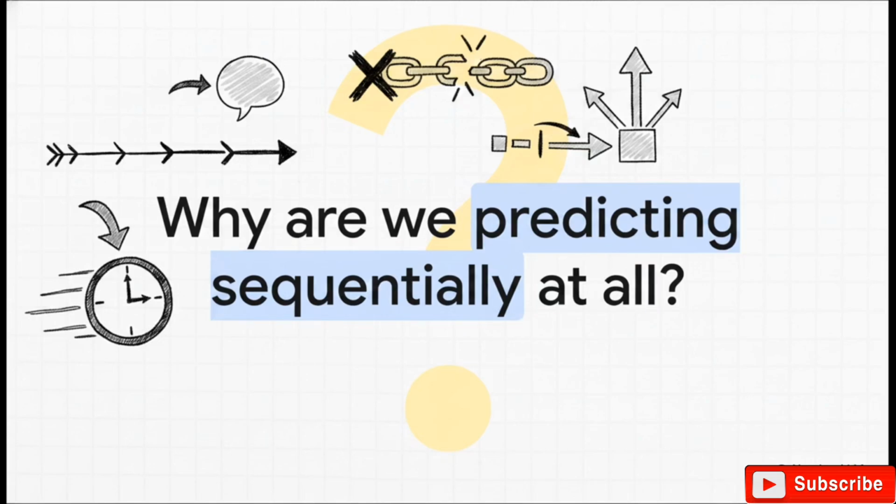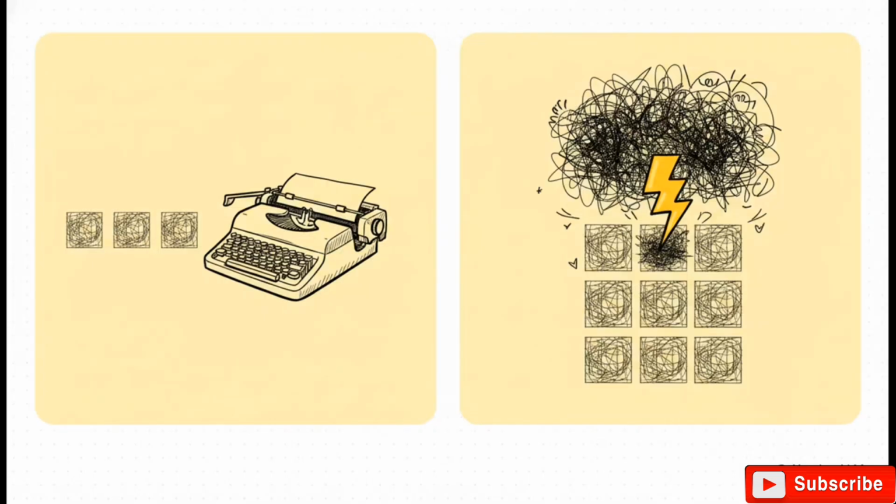Instead of asking how we can predict future tokens a little bit faster, DFlash challenges the fundamental assumption of the entire AI industry. It looks at this one-by-one generation and says, hey, let's stop acting like it's 2023. Let's do it all at once. So the old sequential drafting forced words out one by one.